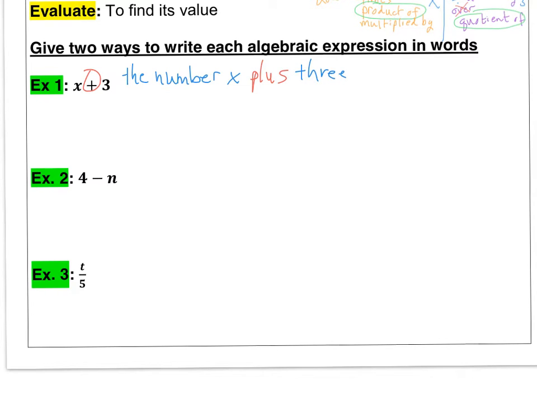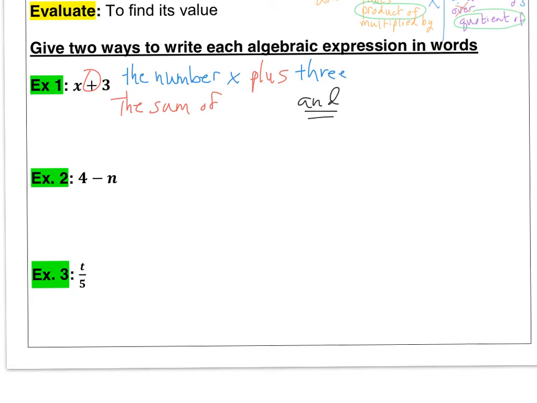If we're going to use the expression sum of, anytime you use any of those expressions, sum of, difference of, product of, quotient of, it always has to come first. So if we're going to use the sum of, anytime you use this phrase, 100% of the time it has to be accompanied by the word and.